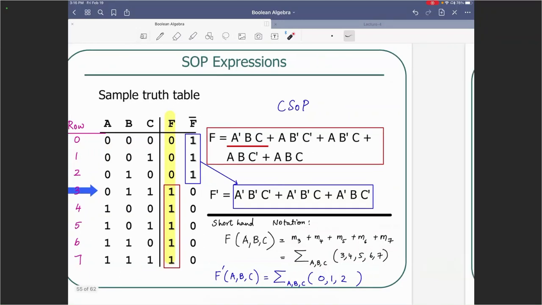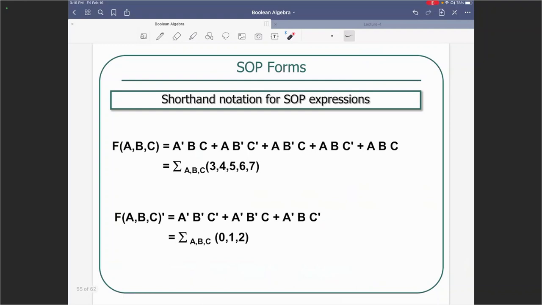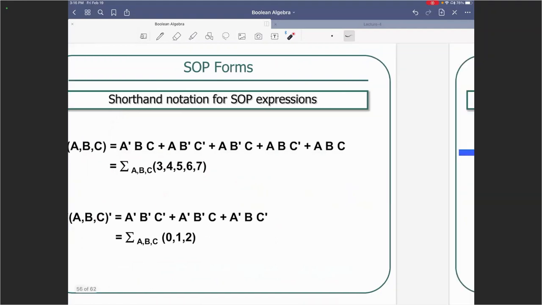All right, so you guys are pushing me to go faster. Sure, we will do that. This particular slide essentially lists out the complete expression for the previous truth table and also its shorthand notation, both for F and for F complement. We have discussed this, so I don't think there is any necessity for going further with that.